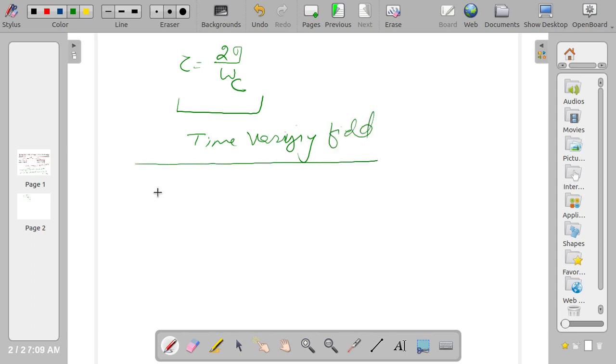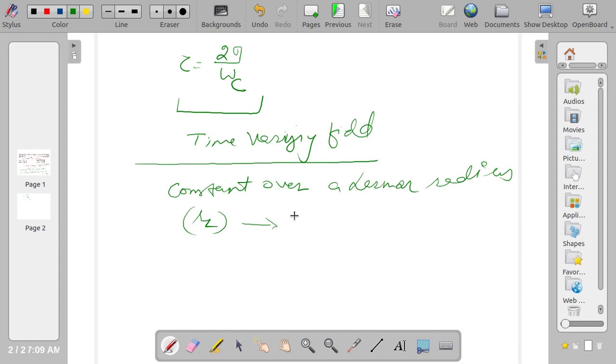And another possibility, if it is constant over a Larmor radius, then I can call it a space varying field. This is known as space varying field.